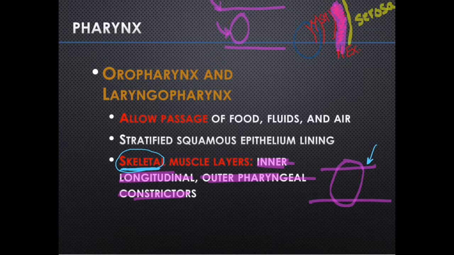They are fatigue resistant. They will be contracting all day. But here, the pharyngeal muscles are skeletal muscles. They are easily fatigable, and that's why you cannot keep swallowing all day long. We're going to have just a brief period of time where we're going to be contracting those muscles, allowing the movement to take place here.